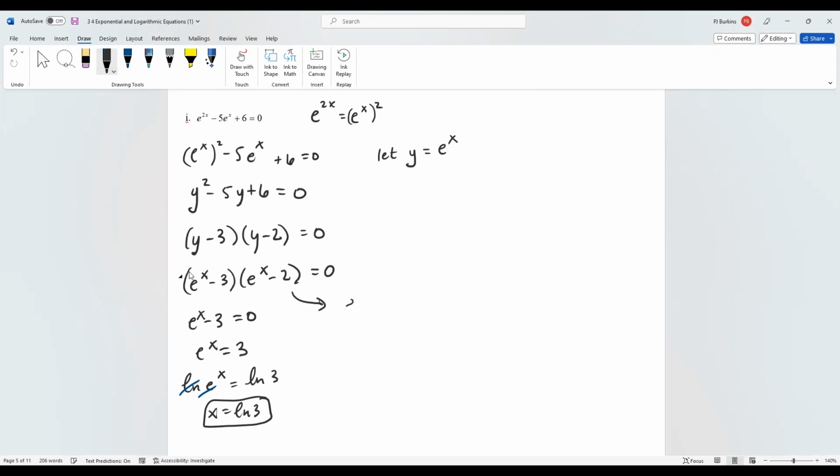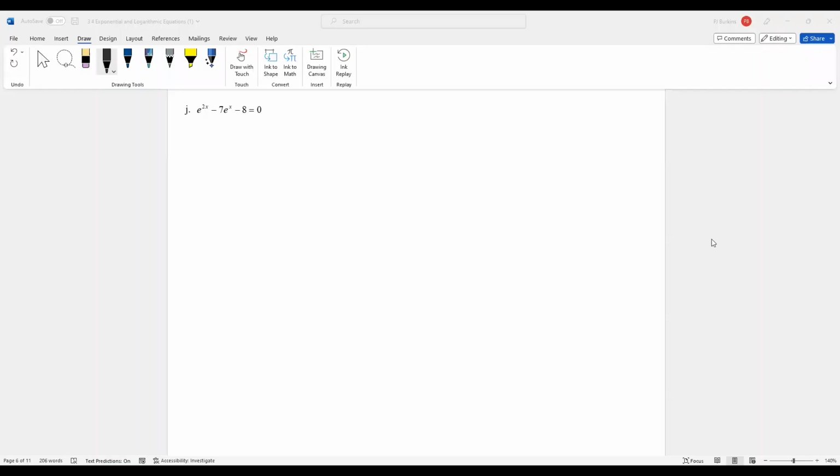And if I do this one, e to the x minus 2 equals 0, move the 2 to the other side, take the natural log, and then the log and the e cancel again, and I get x equals natural log of 2. Okay, so those are our two solutions to this quadratic equation.